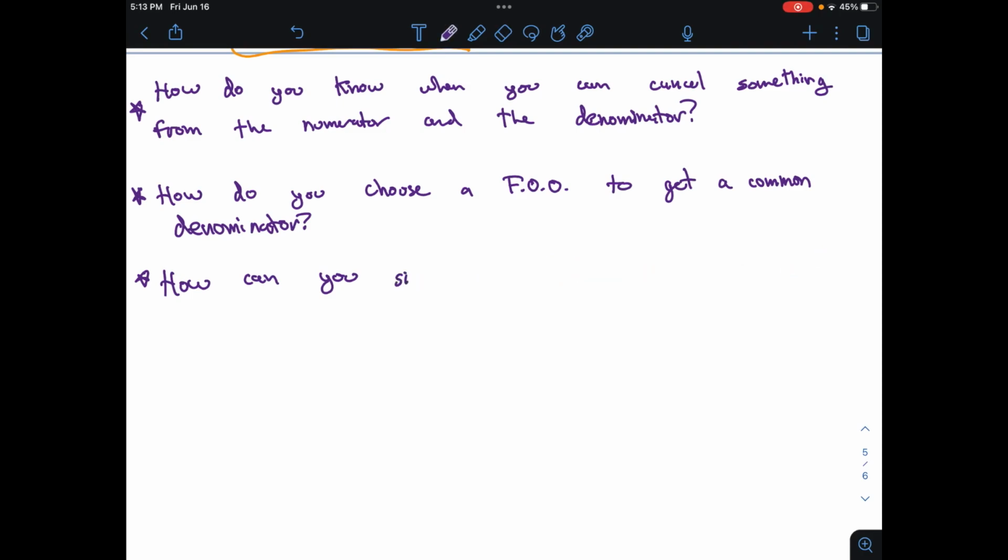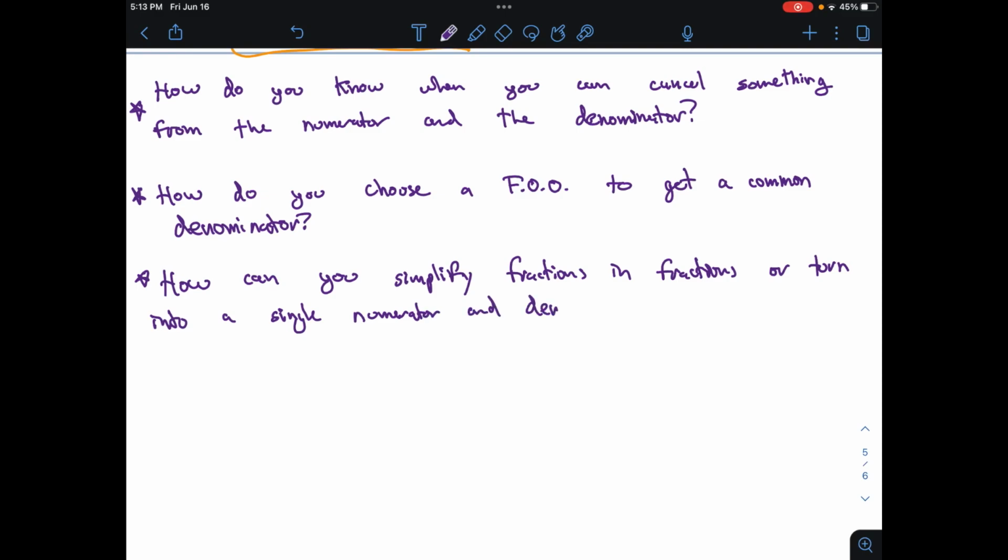How do you simplify fractions in fractions or turn them into a single fraction or numerator over denominator? Okay, that's a really key skill.